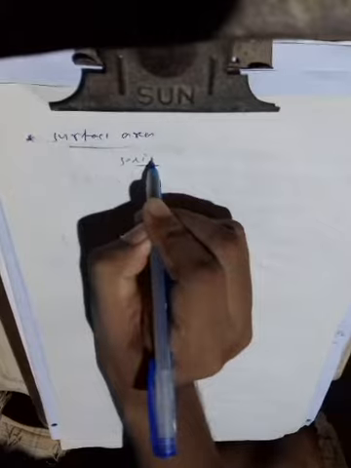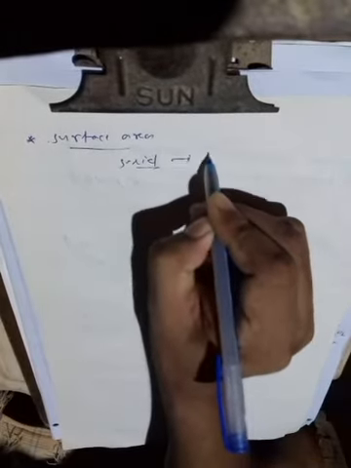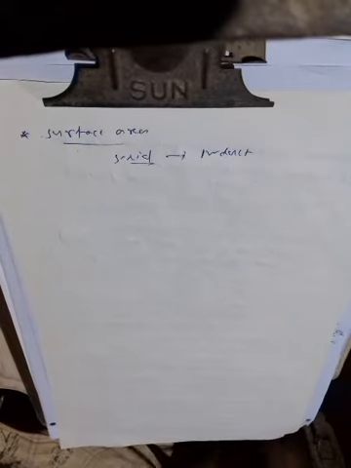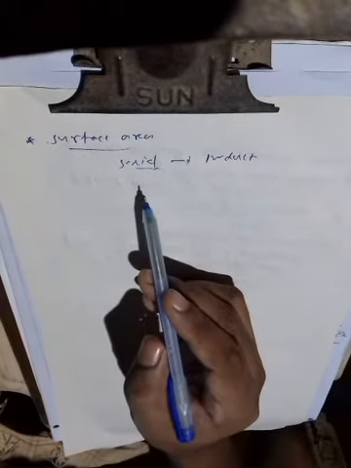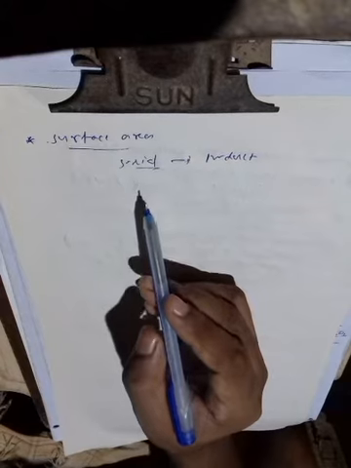Surface area means, suppose a solid reactant is there. When there is a solid reactant, its rate is generally slower.